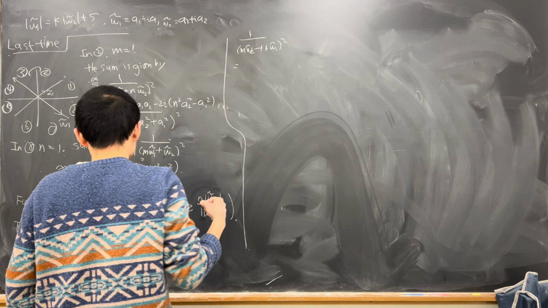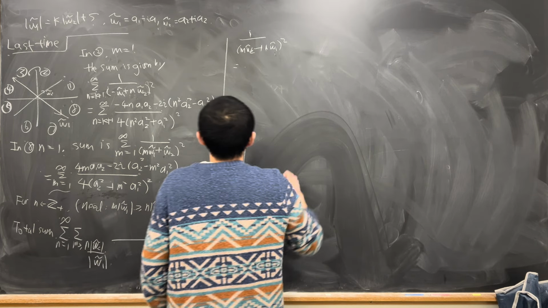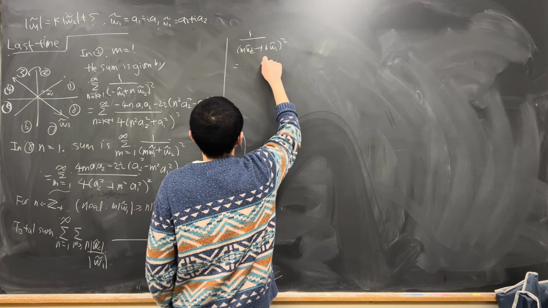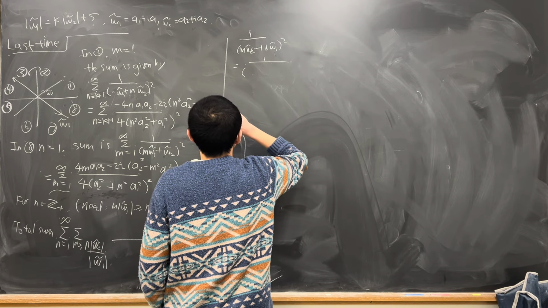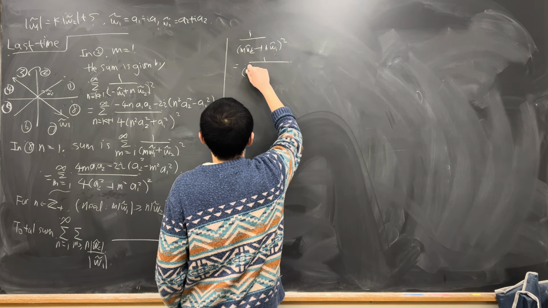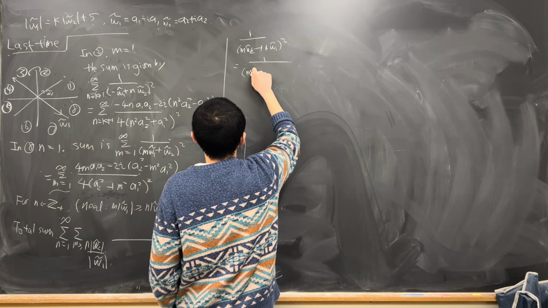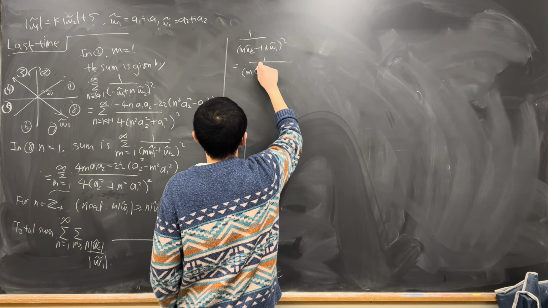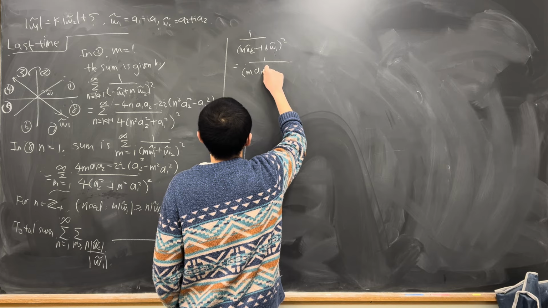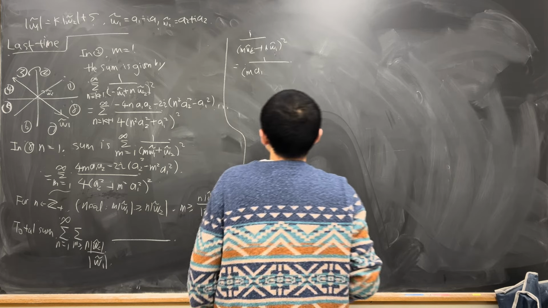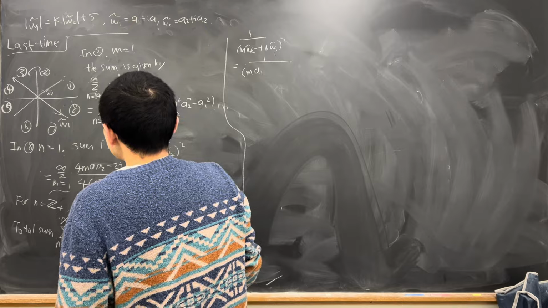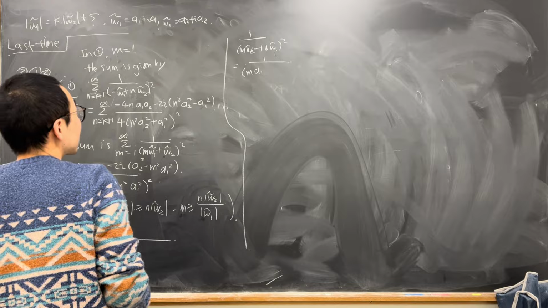Okay. So this is equal to 1 over m of A1. Sorry, so this should be m omega 1, right?